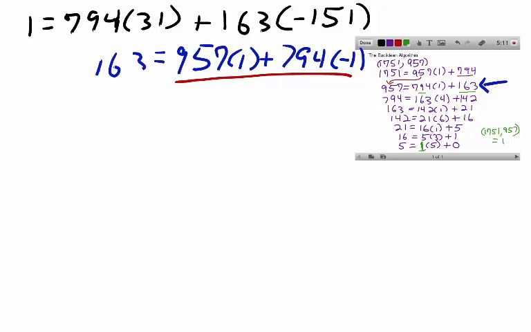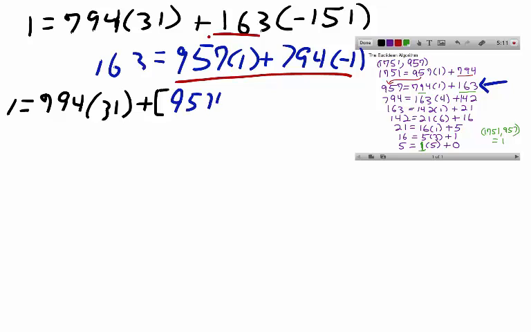We substitute this expression for 163 in the line above, and this gives us 1 equals 794 times 31 plus 957 times 1 plus 794 times negative 1, times negative 151.